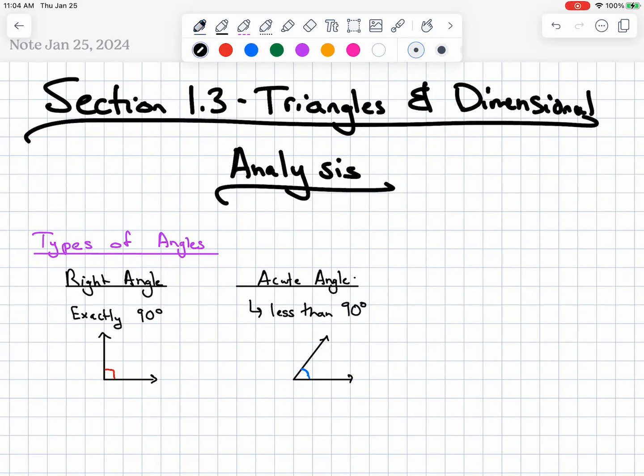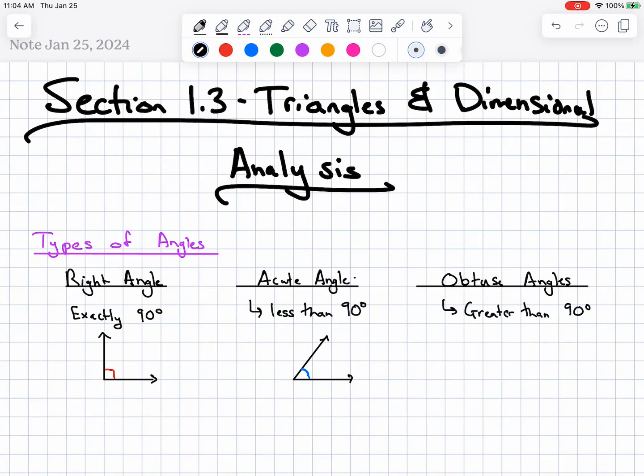And then the last one are obtuse angles. So those are greater than. So 100 degrees, 150 degrees, 3,000 degrees, doesn't matter, as long as it's an angle larger than 90 degrees.